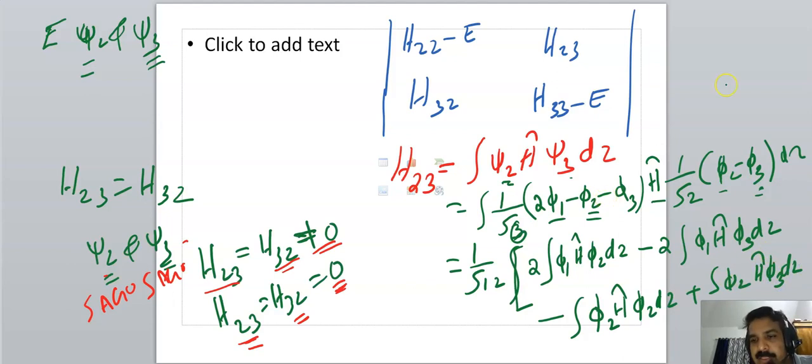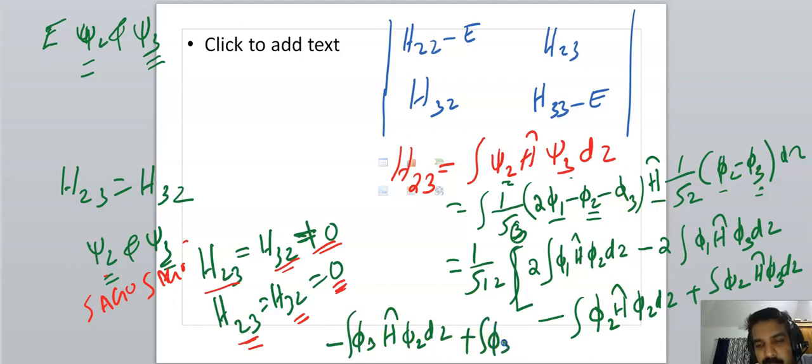Then again minus integral phi 3 H cap phi 2 d tau. Again minus minus plus, integral phi 3 H cap phi 3 d tau.